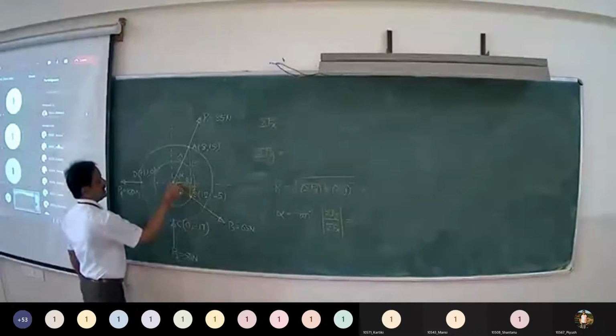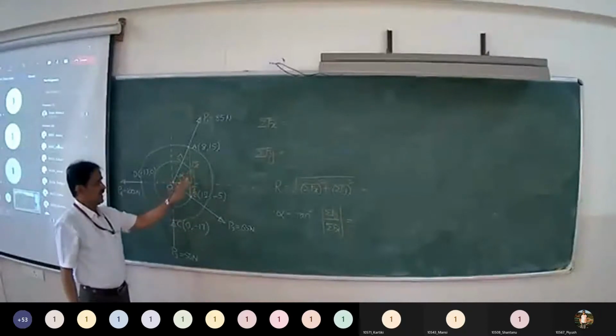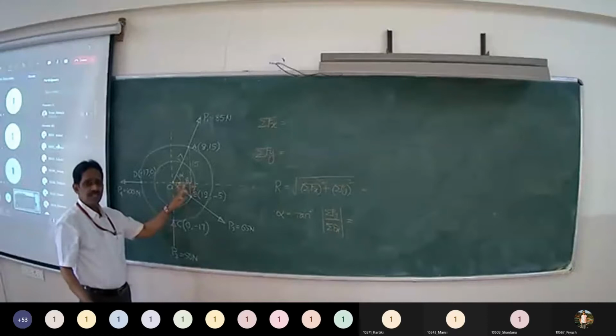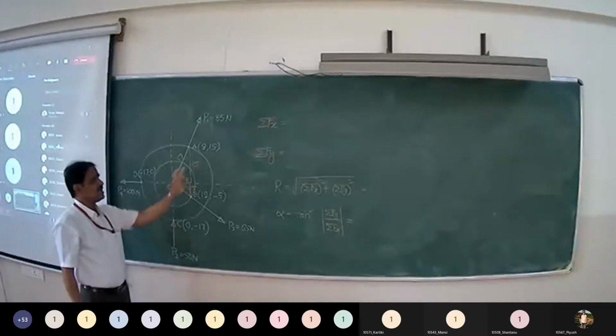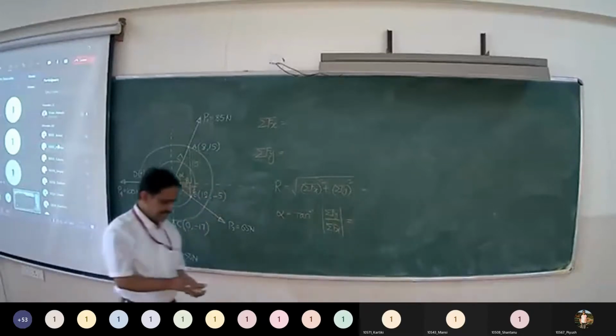Say the angle is beta. You can find out alpha is equal to tan inverse 15 by 8, beta is equal to tan inverse 5 by 12, or otherwise directly you can take cos alpha, sin alpha values in the expression without finding the angle.